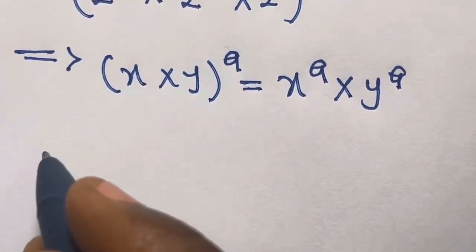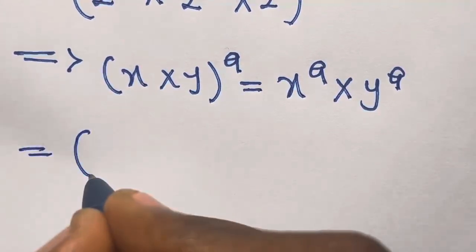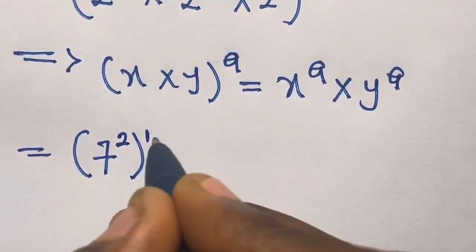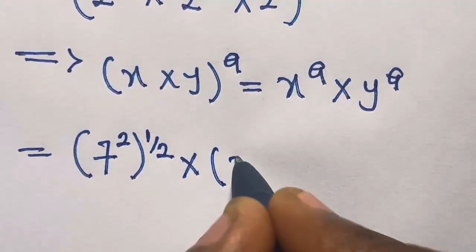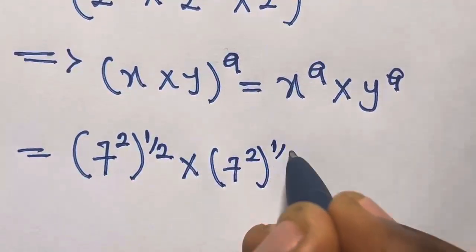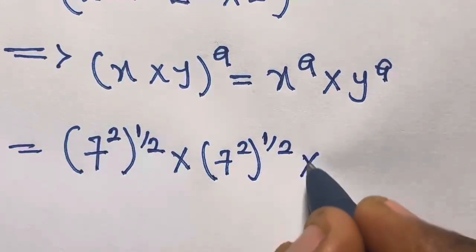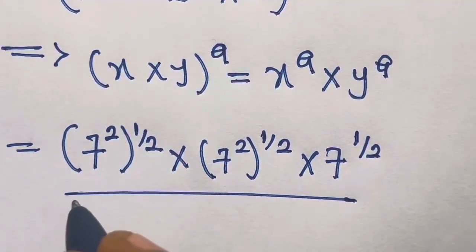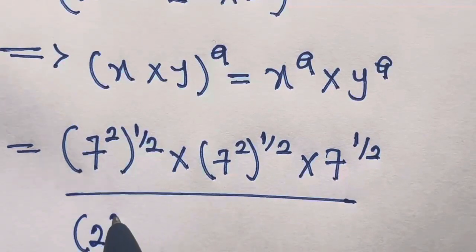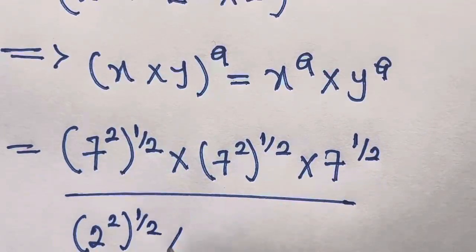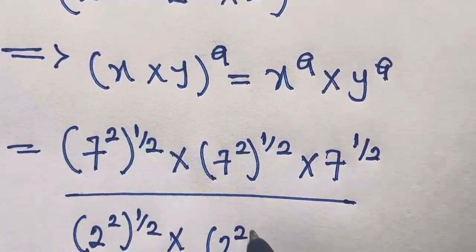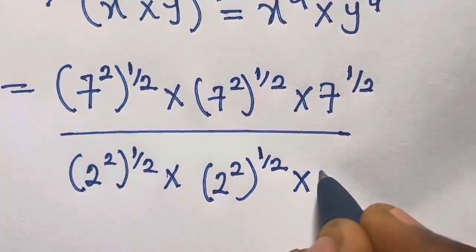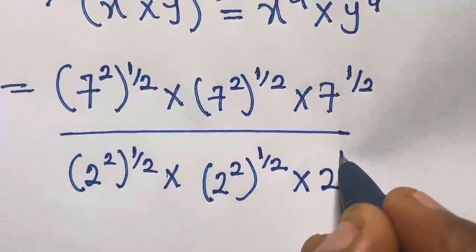So we have 7 squared raised to the power 1/2 times 7 squared raised to the power 1/2 times 7 raised to the power 1/2. In the denominator we have 2 squared raised to the power 1/2 times 2 squared raised to the power 1/2 times 2 raised to the power 1/2.